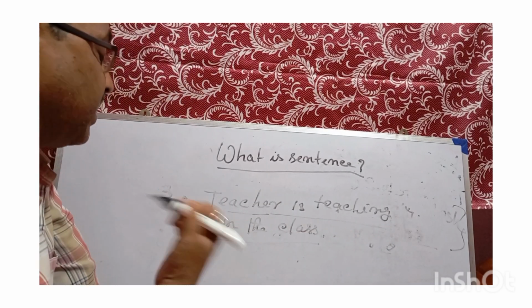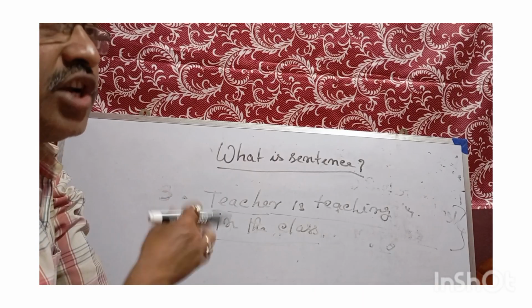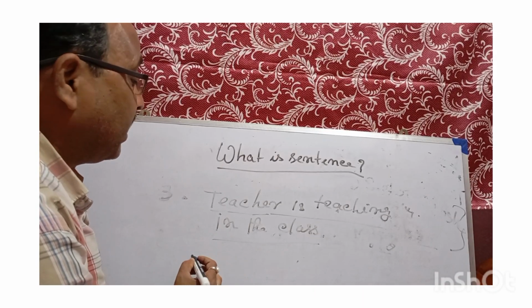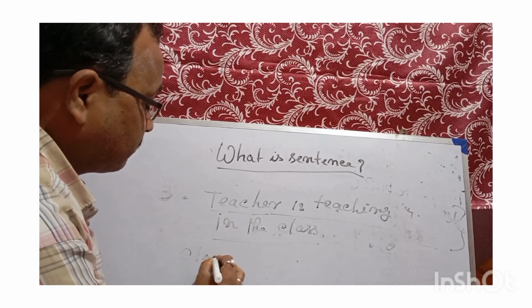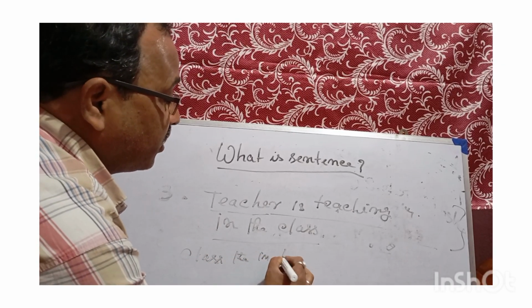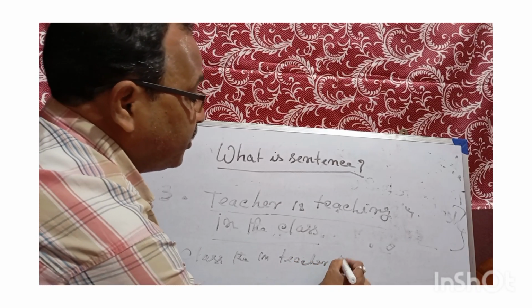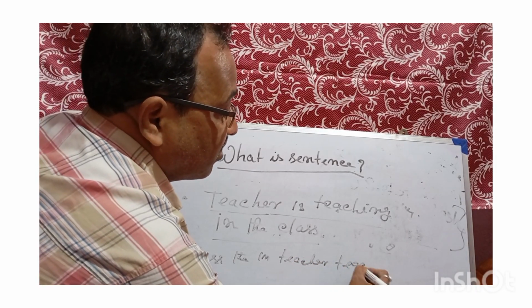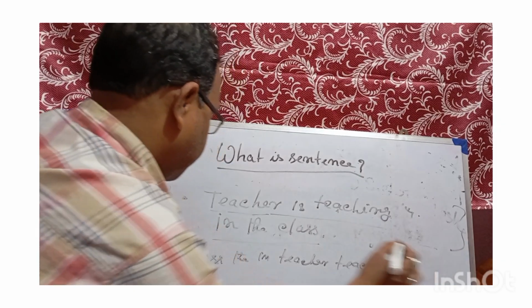But if you write it in a jumbled way, it will not complete a meaning, so it will not be a sentence. Example, I am writing in a jumbled way: class, the, in, teacher, teaching, is.